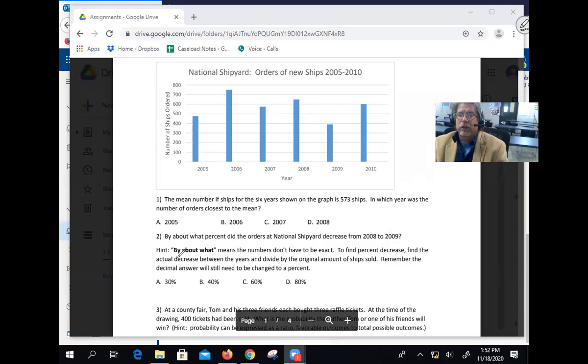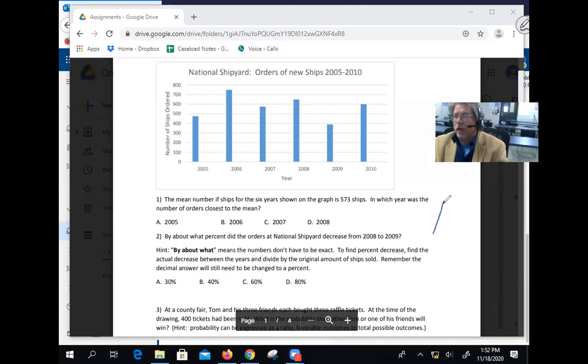Again, there's a hint there that said by about means the numbers don't have to be exact. To find the percent decrease, find the actual decrease between the years, and then divide by the original amount of ships sold.